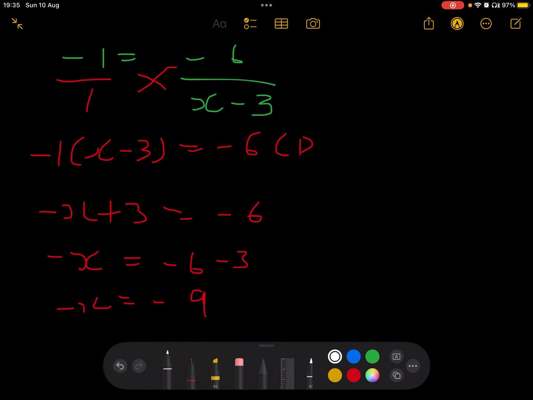But you can divide on both sides by negative 1 in order to get x is equals to a positive 9, such that the intercept will be when x is 9, y is 0.